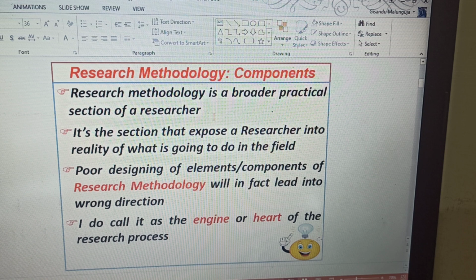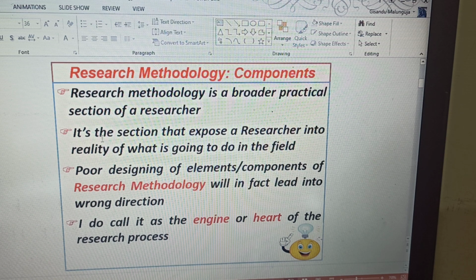It is the place where a researcher is going to be exposed to a real situation. Most of the components within the research methodology are the practical part of the researcher. That's why I said this is the most complicated and most challenging section, because it exposes a researcher to the field, to demonstrate whatever he was learning in theory now in practice, in the process of data acquisition.